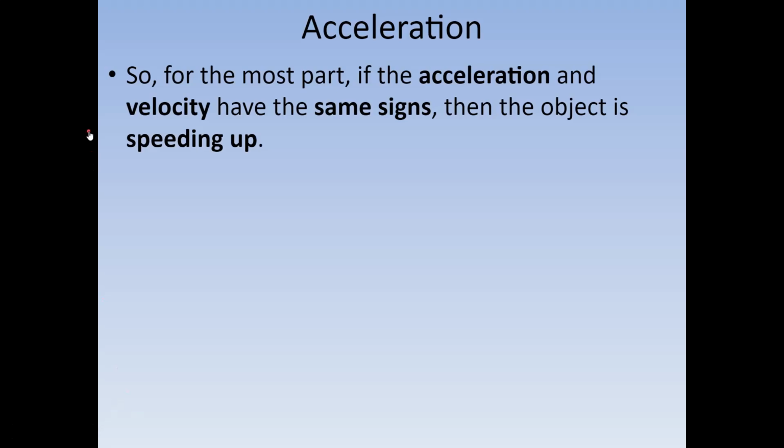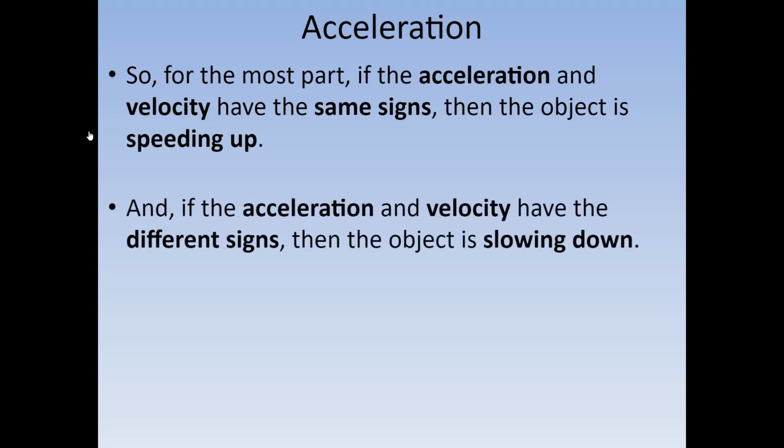Now, putting this all together to simplify what we just said: if the velocity and acceleration are in opposite directions, then the object will end up slowing down. And if the acceleration and velocity have the same sign, they're both positive or they're both negative, then the object will end up speeding up. Right?